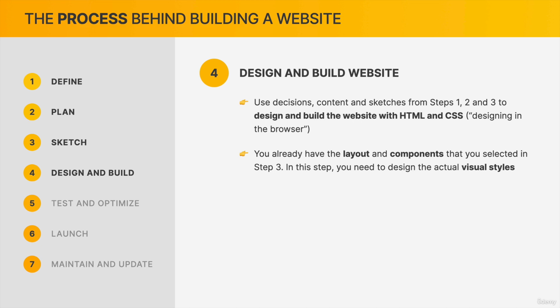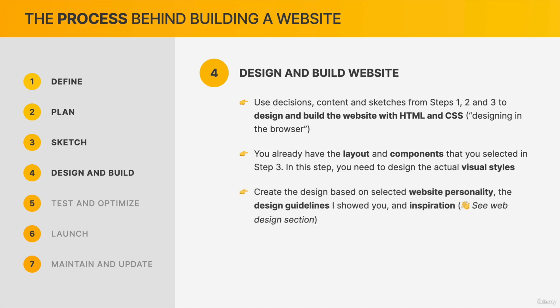And of course, these visual styles need to be based on the website personality that you selected and the design guidelines that I also showed you in that section. And of course, as the third ingredient of building a good design is that you need to get a lot of inspiration before you actually style and design your page. So that's basically just what we learned in the web design section and also in the last section, right?